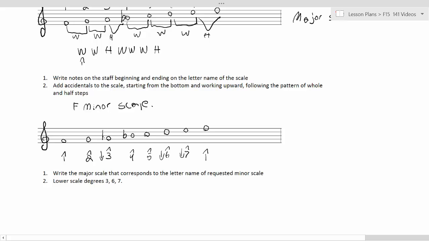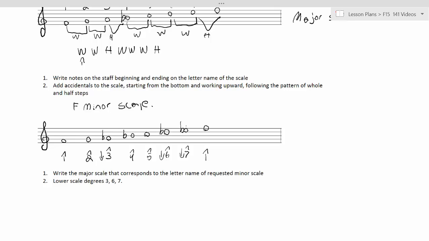So that's going to become A flat. Then for scale degree 6, I've got a D, and I need to lower that, so that's going to become D flat. And then for scale degree 7, I need to lower that one as well, and that's going to become E flat. And there's my minor scale. So we started with the major scale, then we lowered scale degrees 3, 6, and 7, and that's how we got our minor scale.